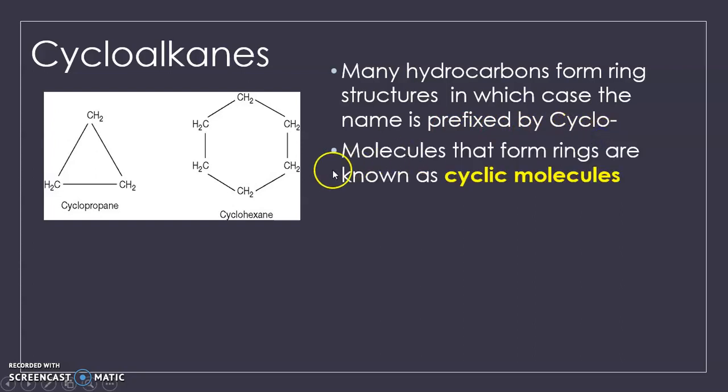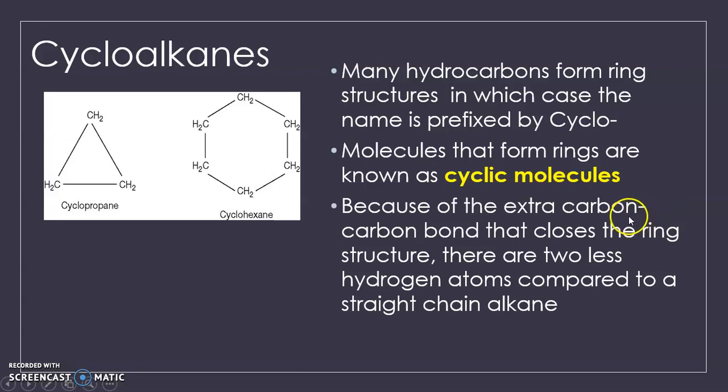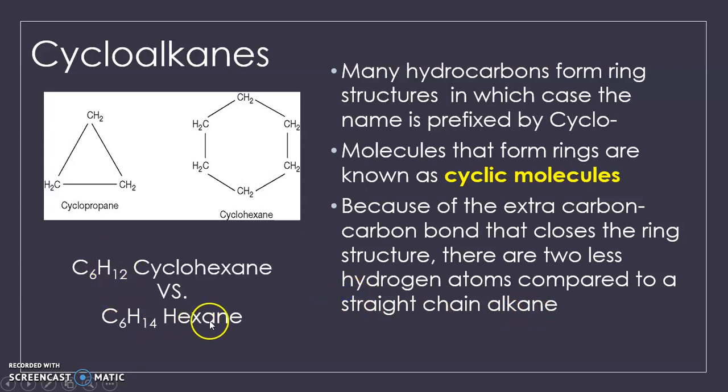Okay. Their molecules are cyclic molecules. Because of the extra carbon-carbon bond that closes the ring, there are 2 fewer hydrogen atoms compared to a straight chain alkane. So if it's hexane, then it should be C6H14.